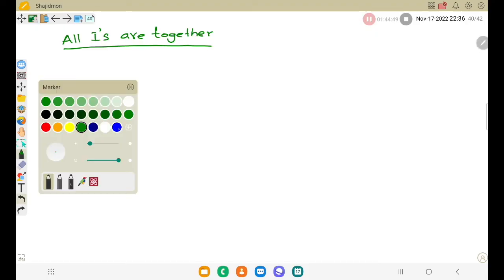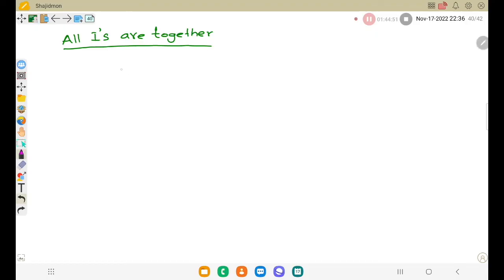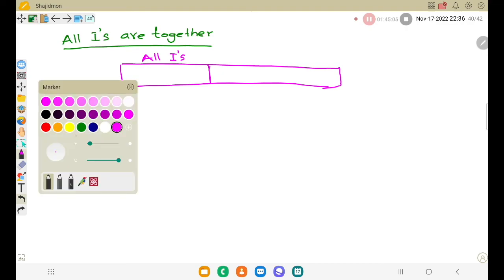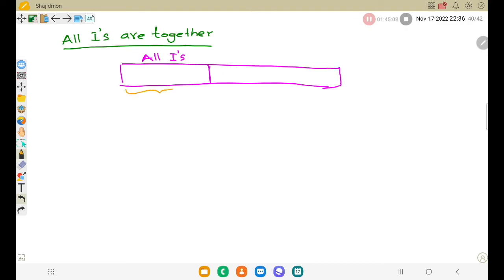So, like previous questions, create a box like this. Here all I's coming together, take it as a single object. Just take it as one object, all I's are together. So how many I's are there in our question? 4 times, correct? I am writing I 4 times.